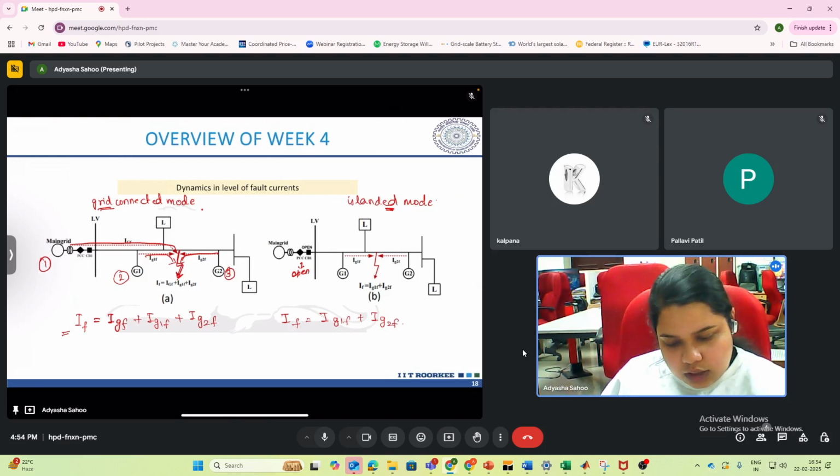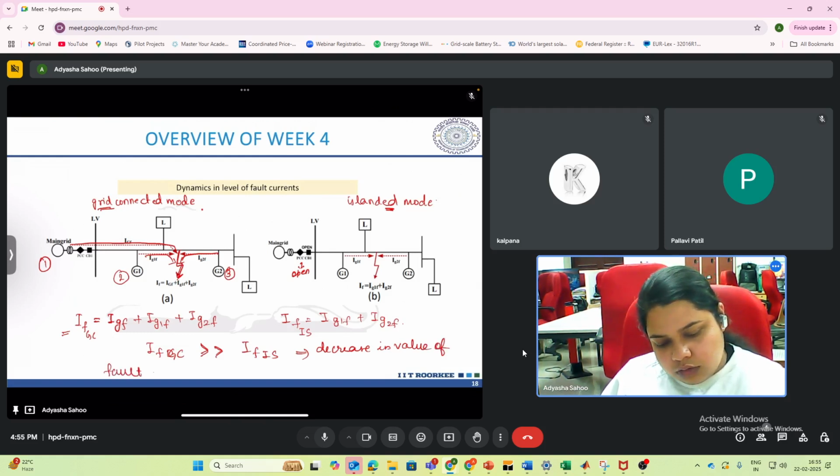If I say I fault grid connected and I fault islanded, then I fault grid connected is greater than I fault islanded. That means there is a decrease in the value of fault current due to islanding.